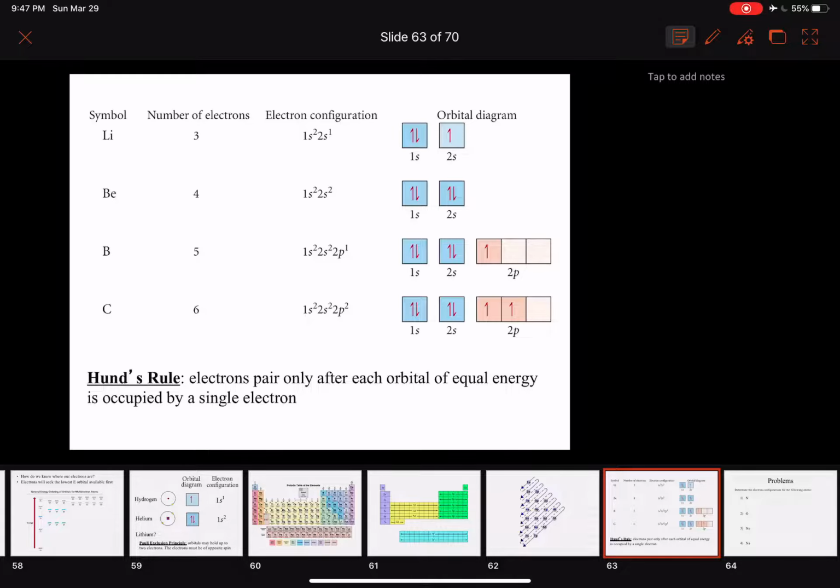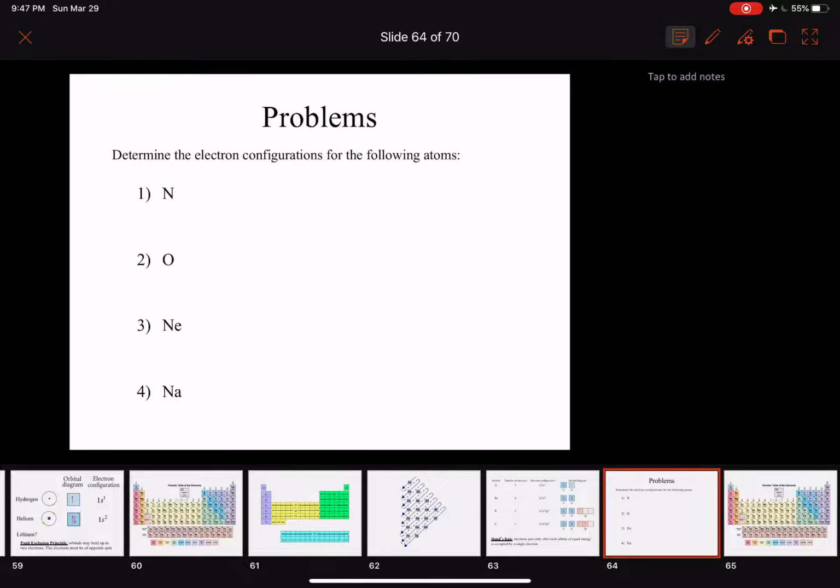And when we got to carbon, we saw that when we have 2 electrons that are going into the 2p's, we have to distribute the electrons to the different orbitals before any of the electrons can pair in a single orbital, and that was Hund's rule. And then we did these examples: nitrogen, oxygen, neon, and sodium.